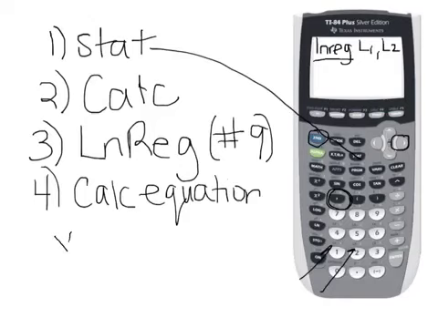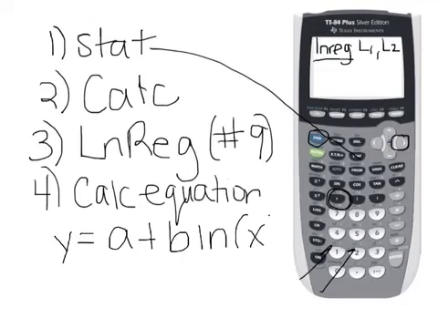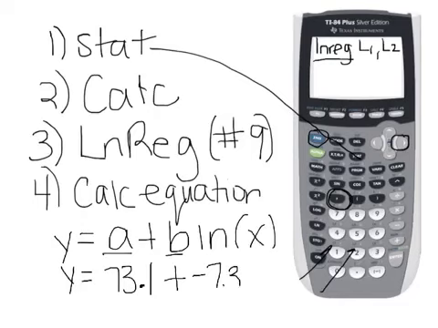The general equation for a logarithmic regression is a plus b ln of x. So I need to substitute the values of a and b, which in this case, a, if I round, is 73.1, and b should be a negative 7.31 or 7.3 natural log x.